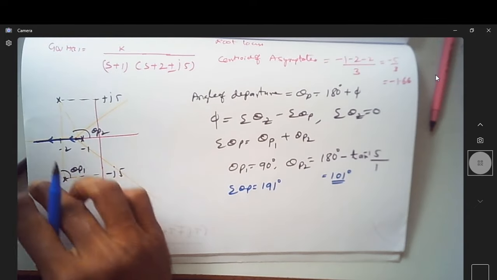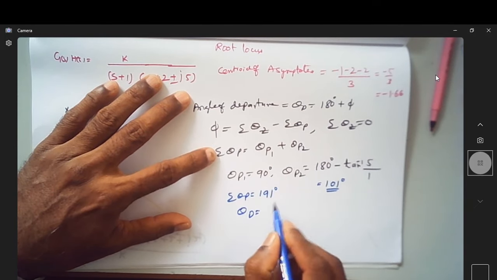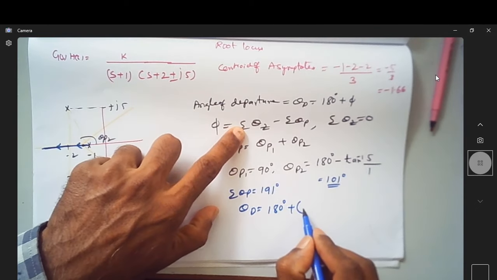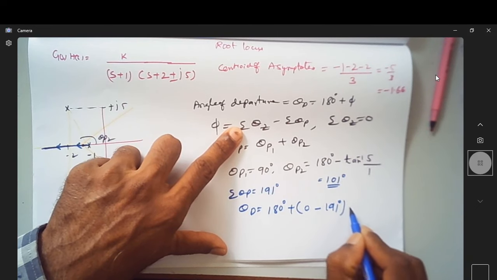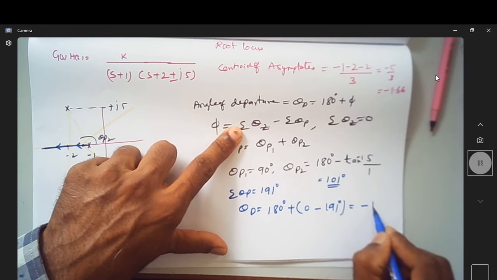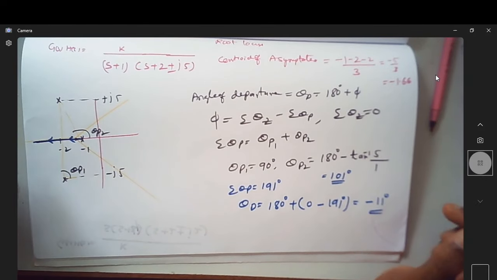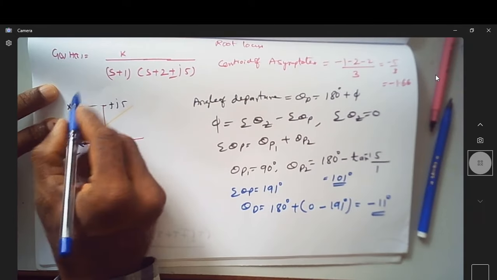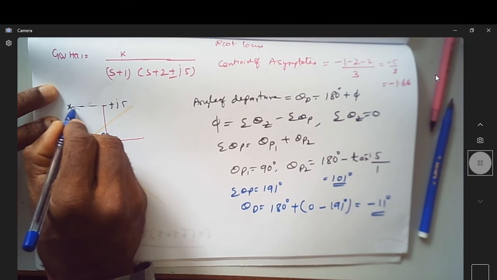So if you just sum it up, what is theta d then? It is 180 degree plus 0 minus 191 degree. So this happens to be minus 11 degrees. So angle of departure is minus 11 degree. Suppose if you treat this as 0 degree, so 11 degrees comes somewhere here.